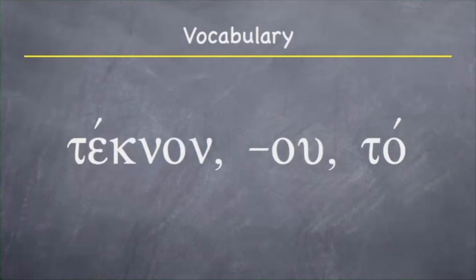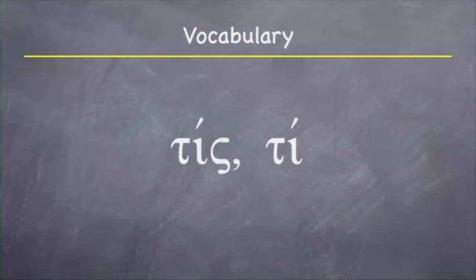Teknon, teknou, to. Child, descendant. Tis, ti, with the accent. Who, what, which, why. Tis, ti, without an accent. Someone, something, a certain one, a certain thing, anyone, anything.